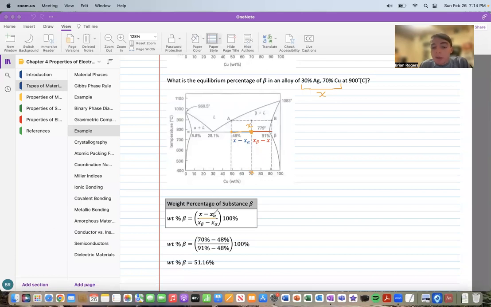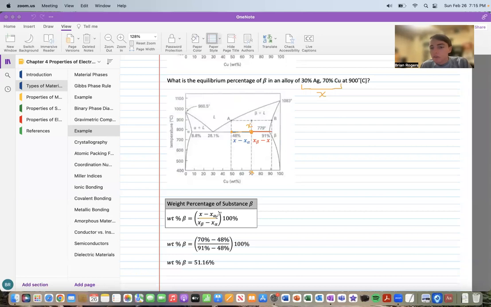And then how much percentage composition of substance alpha? What we're going to notice is our x of alpha, what is that referring to in this case?